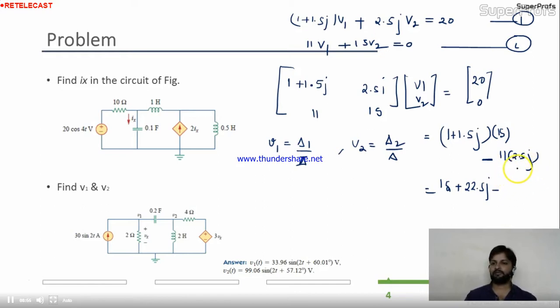So 22 and 27.5j. Is it okay? So it will be 15 minus 5j. This is nothing but del.